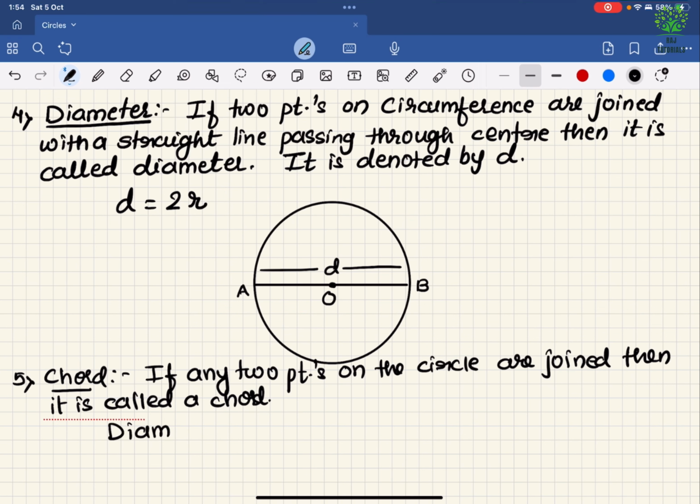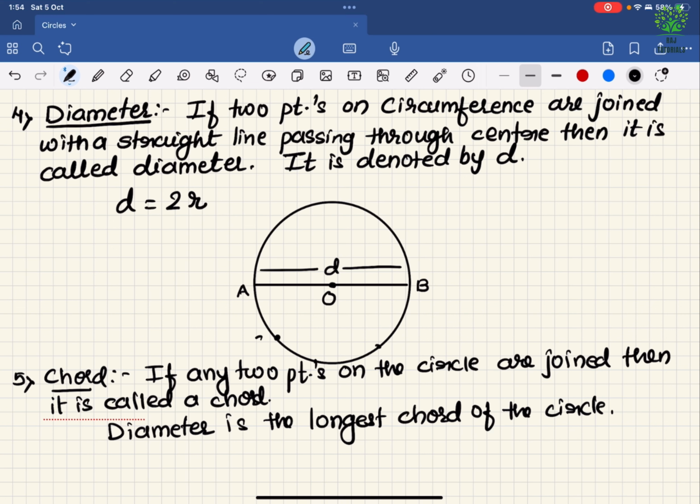Diameter is the longest chord of the circle. Now here if I want to show the chord, I can say if I join this point and this point, that is C and D, if I join together, so it is chord.